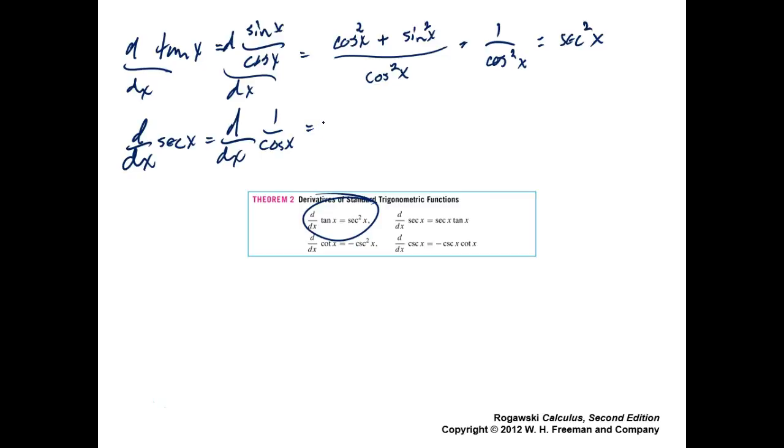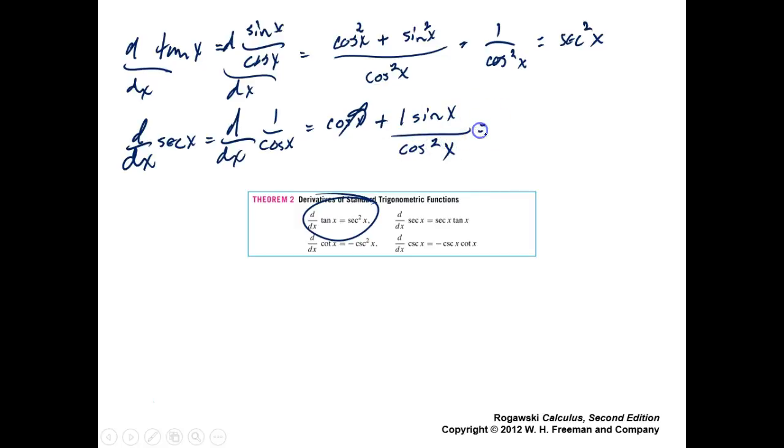Again, we'll use the quotient rule: low d high, cosine x times the derivative of 1, which is 0, and then minus high d low, minus 1 times minus sine x, which makes it a positive, over cosine squared x.